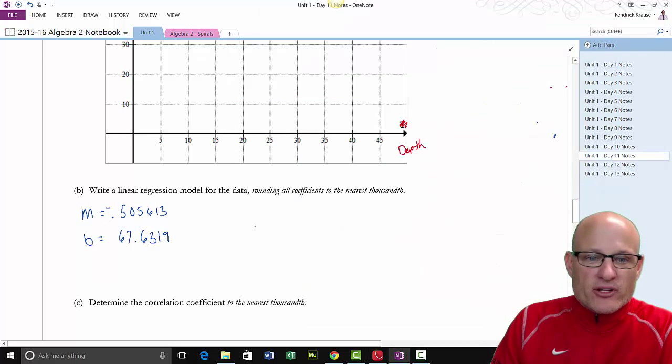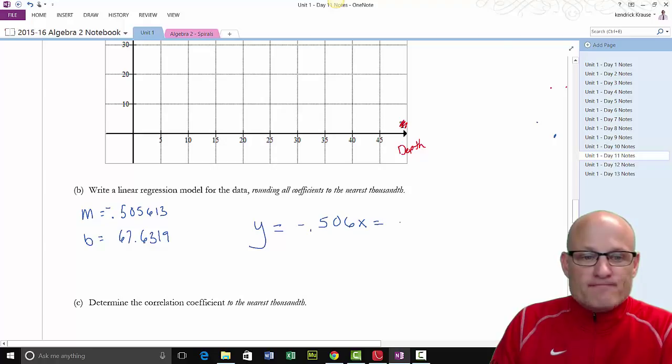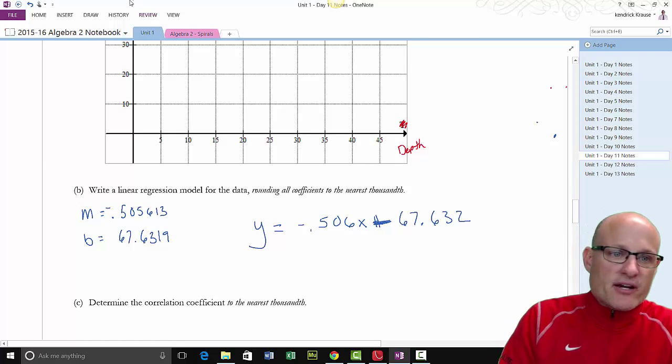If I want to write my equation to the nearest thousandth, that is 3 decimals. Y equals negative 0.506 x plus 67.632. That's a terrible plus.